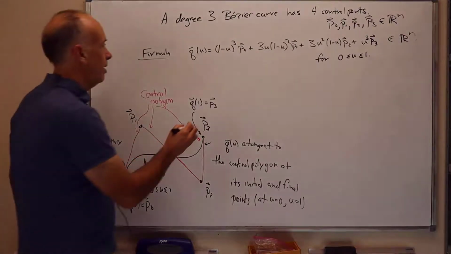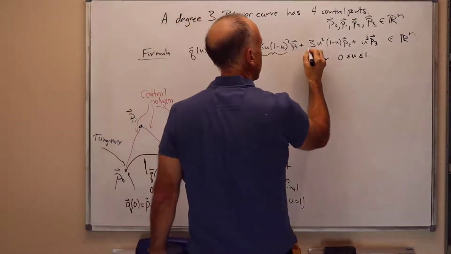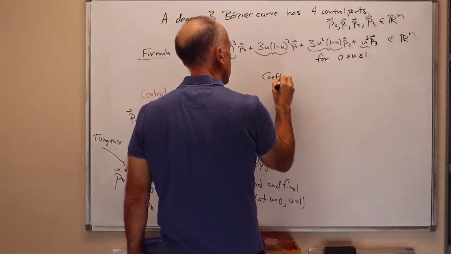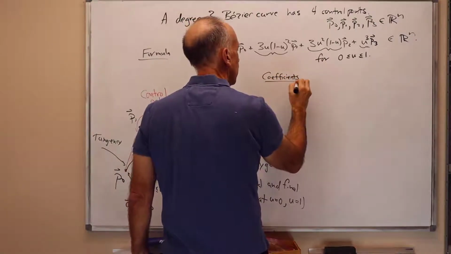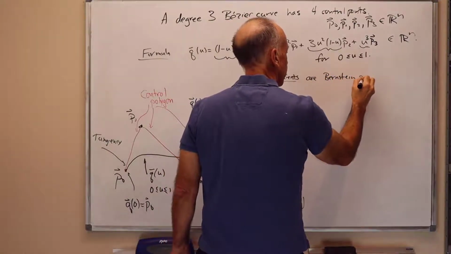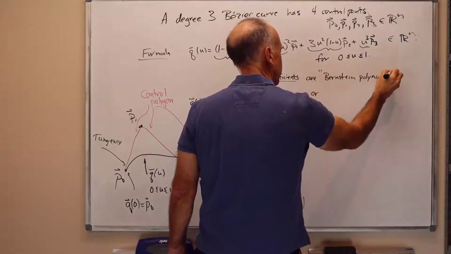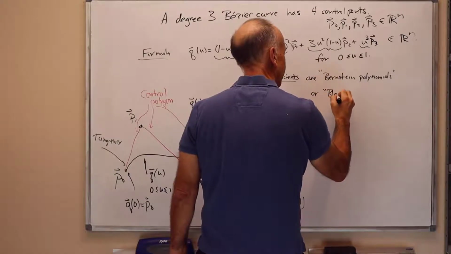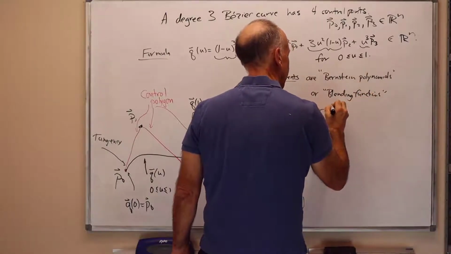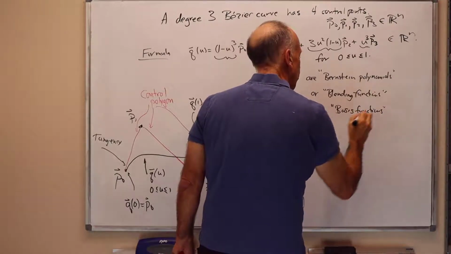So just to give these things some names, these three values here, these coefficients, are called Bernstein polynomials, or you can also use the name, named after mathematician Bernstein. They can also be called blending functions, or basis functions. They all happen to start with B. But they give you a weighted average.